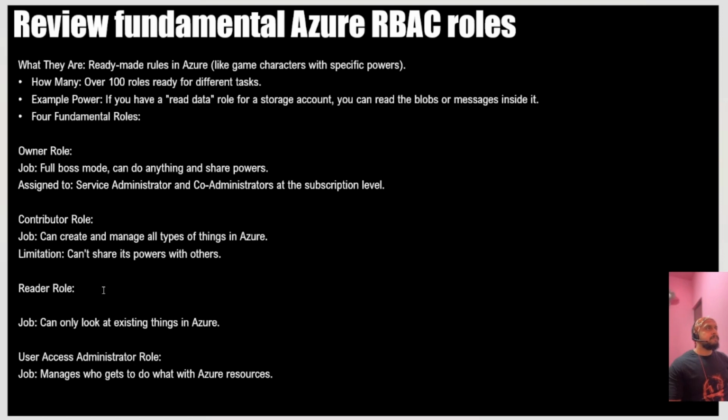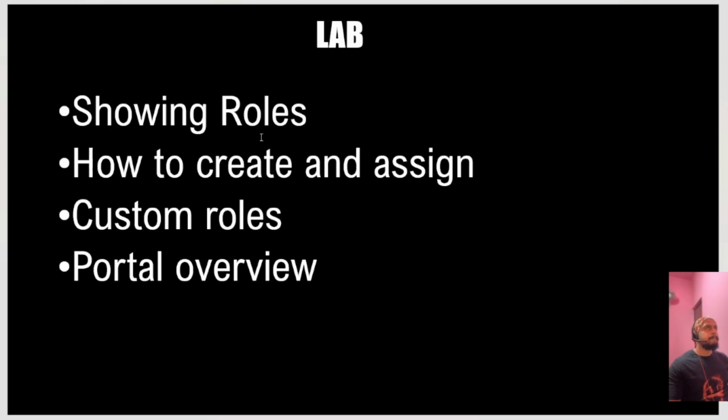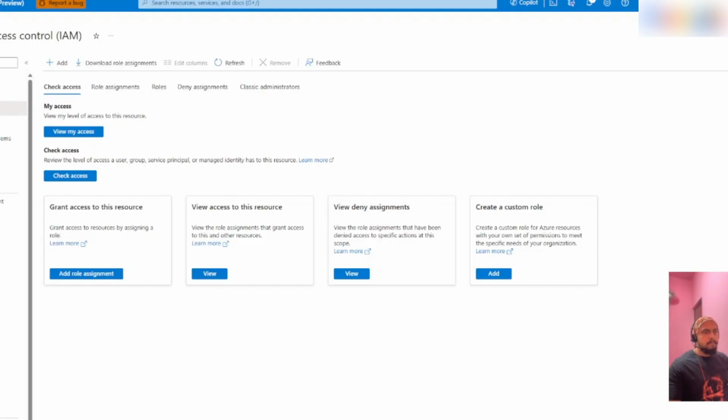So for now, let's go to the lab. In the lab, I'll be showing you what the roles are, how to create and assign custom roles, a portal overview, etc. So let me go to the portal. Okay, as I said, I wanted to show you how you can create roles and everything.